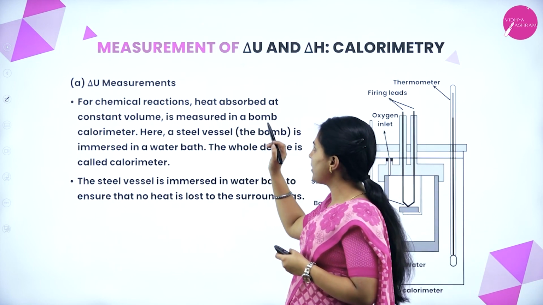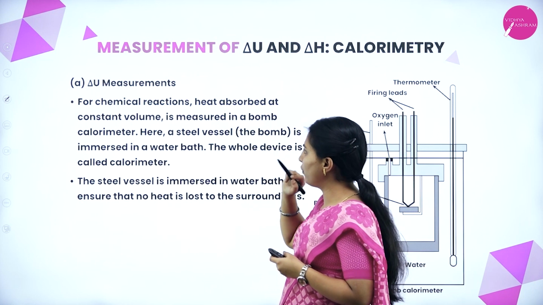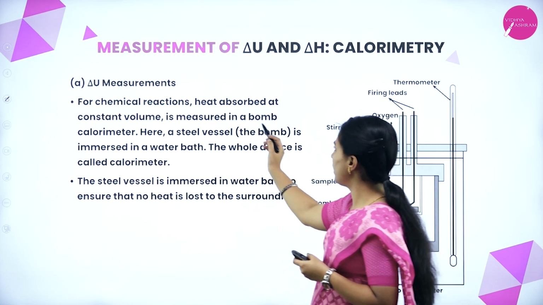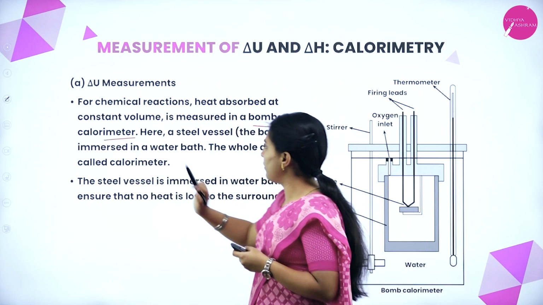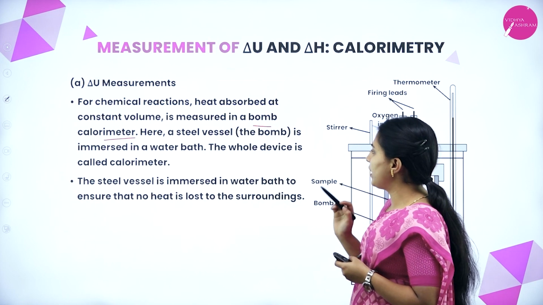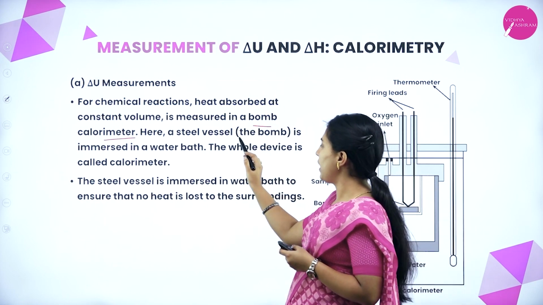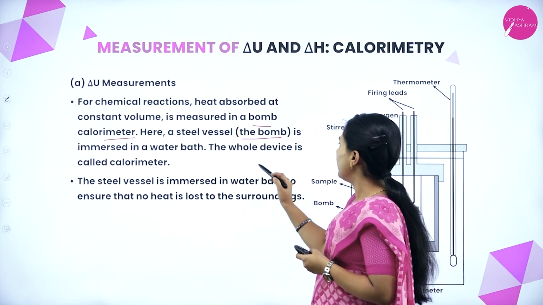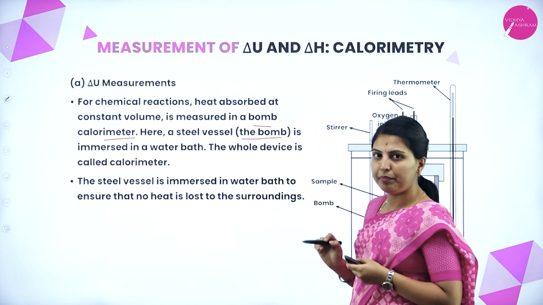For chemical reactions, heat absorbed at constant volume is measured in a bomb calorimeter. Here, a steel vessel, which is considered the bomb, is immersed in a water bath. The whole device is called a calorimeter.